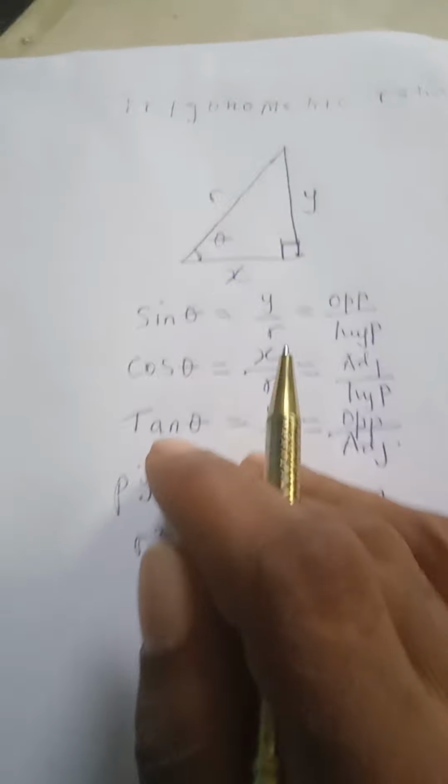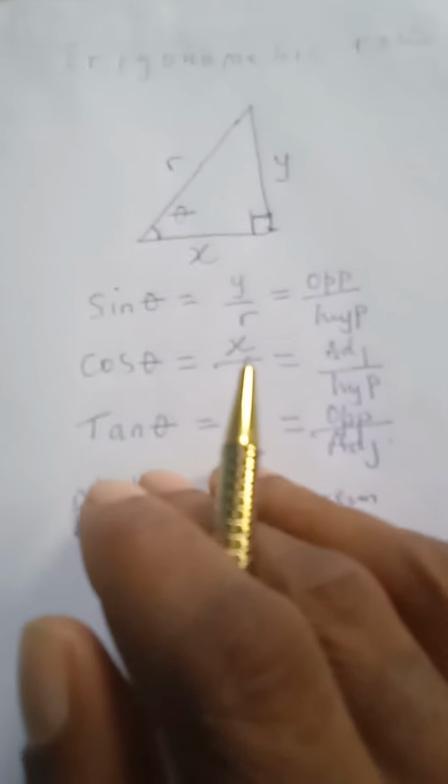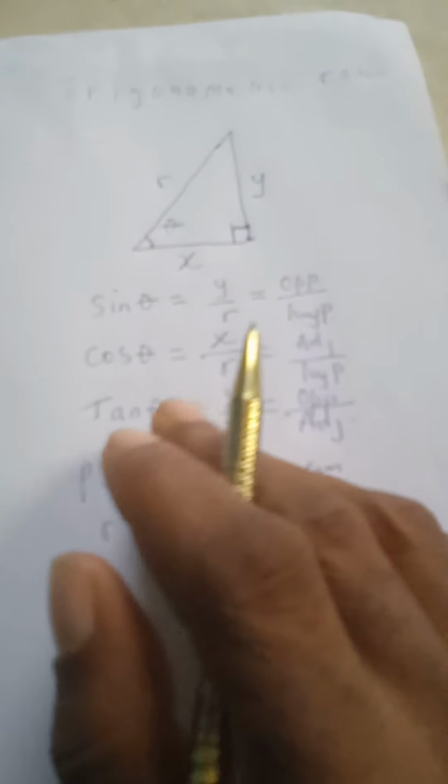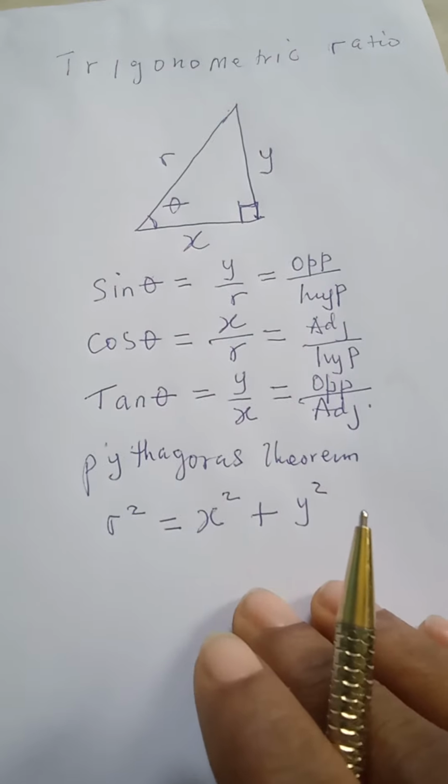As we have trigonometric ratios, we also have what we call the reciprocal of trigonometric ratios.